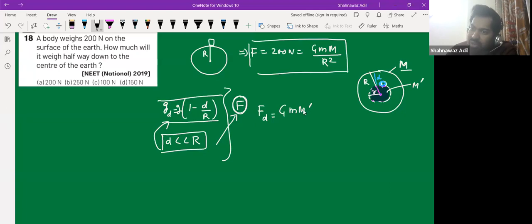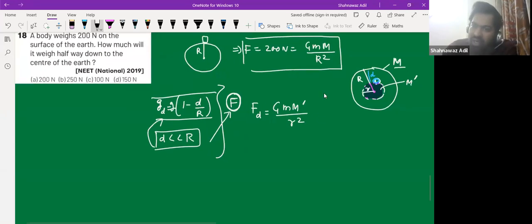Now the whole mass of the Earth is not there, only this mass is contributing, right? And the distance between this thing and this thing, because the whole distance is r and this distance is d, would be r minus d, which for now let me write as r. So this would be the force at a certain depth, right?